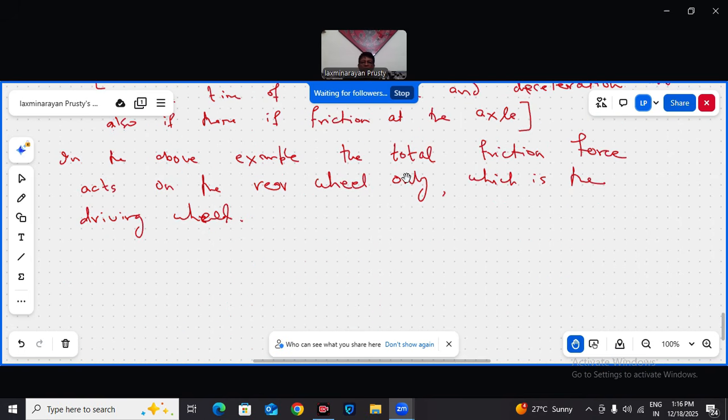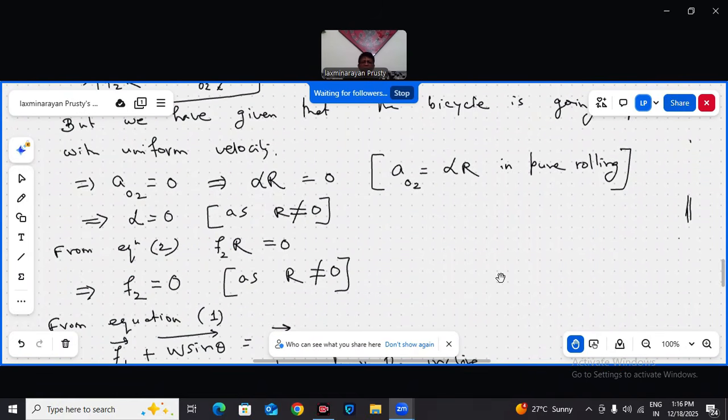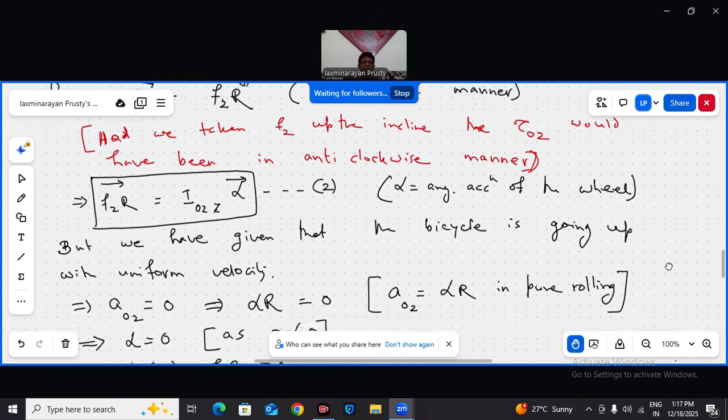In the above example, the total friction force acts on the rear wheel only, which is the driving wheel. That's it. Very simple question, very simple observation, but many people get confused. Some people say friction force should be shared between them equally, but that's not true. Okay. So did you understand this?